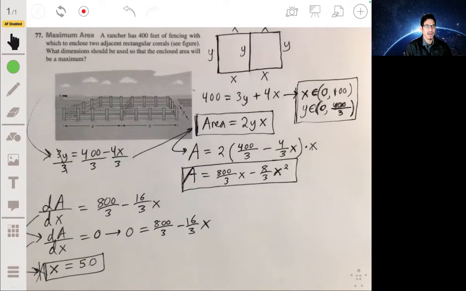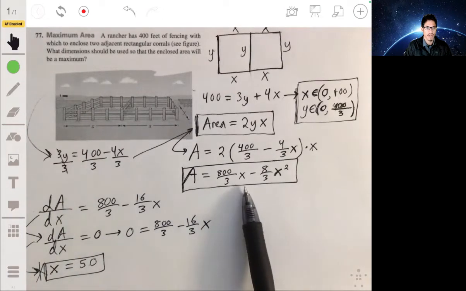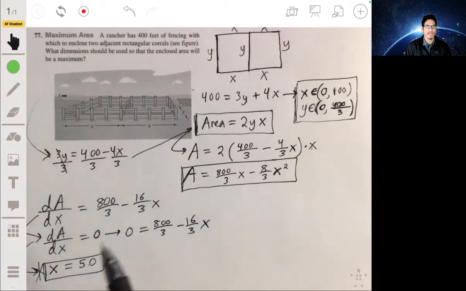And you could just figure out which one's the biggest, because we have an equation for area right here. The other way is to find the first derivative and see how it behaves on open intervals, or find the second derivative and see the concavity. I'm taking my time to explain all this because I always want to emphasize it to my students: it's important you understand what's going on here.